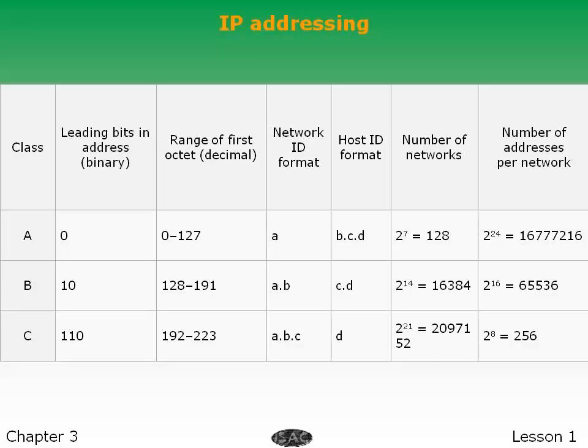Class C. In Class C, the first 3 octets identify the network, showing the network number, and the first octet should start from 192 to 223.